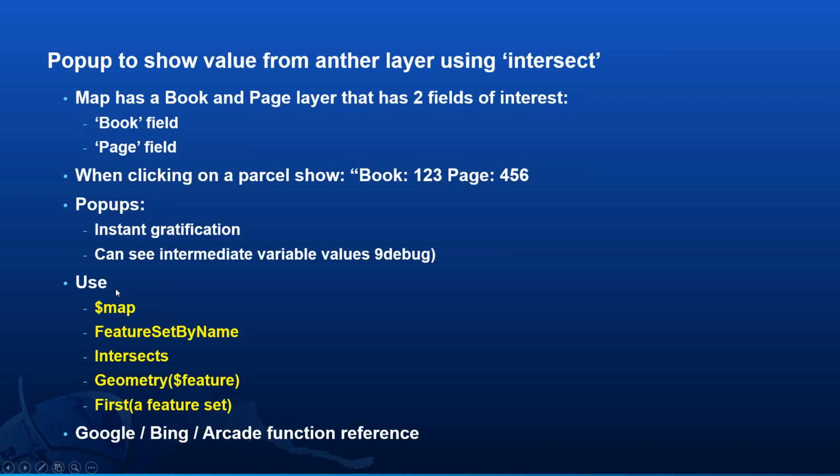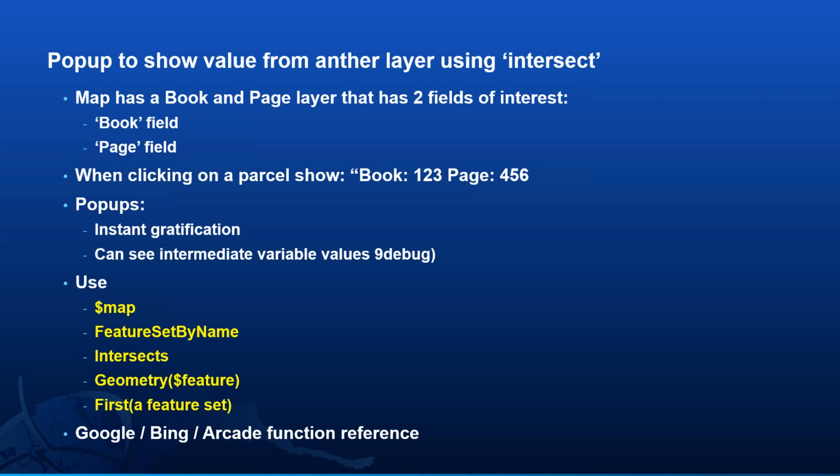So what I want you to use, and I know John told you something about it: use the map, the feature set by name, and there's a method called intersect that you might want to use, like John showed you, to see what intersects with the book and page layer. Use the geometry of the feature, and then you'll get another feature set, and you want to use the first one.